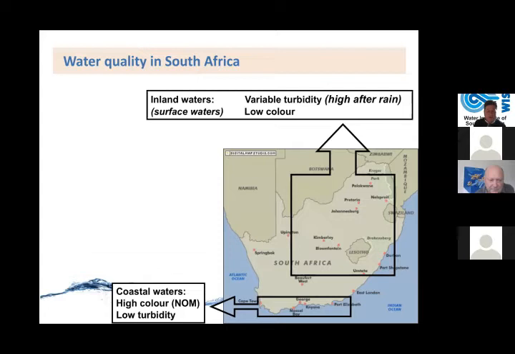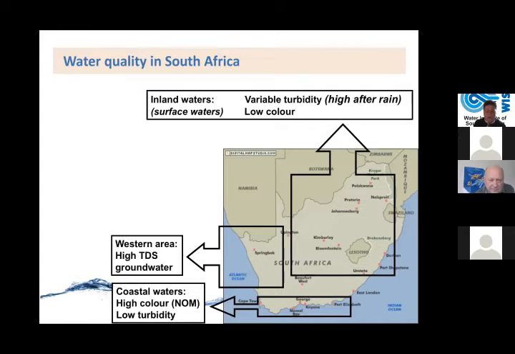If you chlorinate that water, you can form carcinogenic compounds like trihalomethanes. Turbidity is normally quite low. And then the third one is the west coast and actually the whole Karoo area as well, where we have high TDS groundwater.